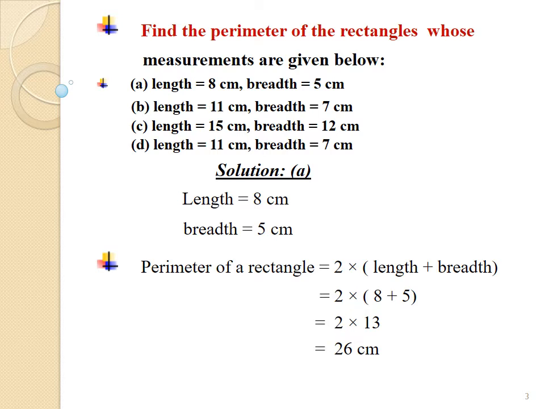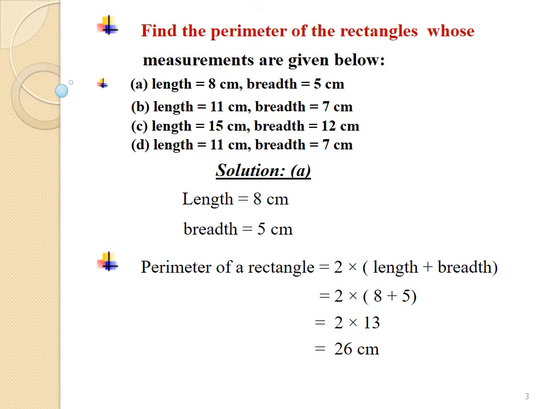Students, in the previous question, we learned to find the perimeter of a plane closed figure using all sides. In this question, we have to find the perimeter of a rectangle using a formula. Students, you have to remember that perimeter of a rectangle equals 2 multiplied by bracket length plus breadth.